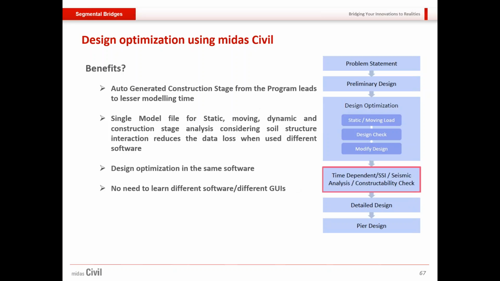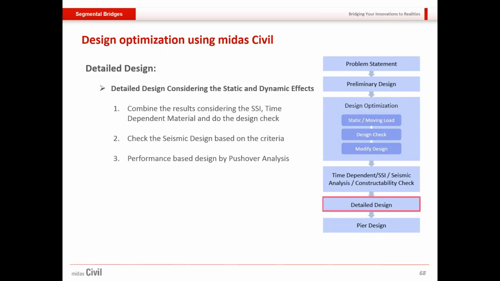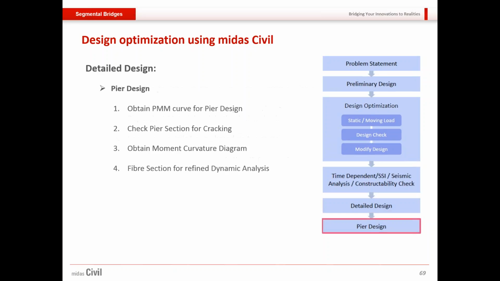Checking also becomes very easy. The detailed design including your existing static loads, moving loads, as well as your advanced analysis like soil structure interaction, time dependent material, everything could be done. Seismic design could be done, and performance based analysis like pushover analysis could also be performed in the same file.